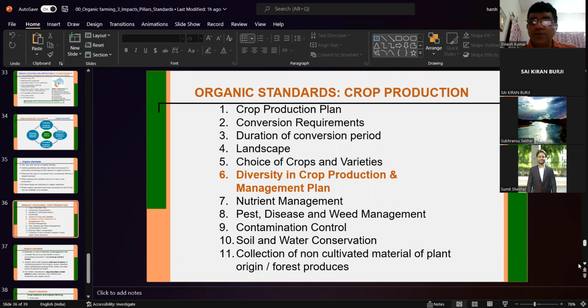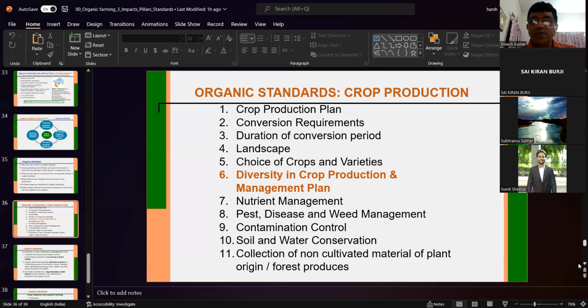Now, diversity in crop production and management plan. How to maintain the diversity? Nutrient management, pest, disease, weed management, contamination control, soil and water conservation, collection of non-cultivated material of plant origin. So all these things are given in detail, how to go for it.